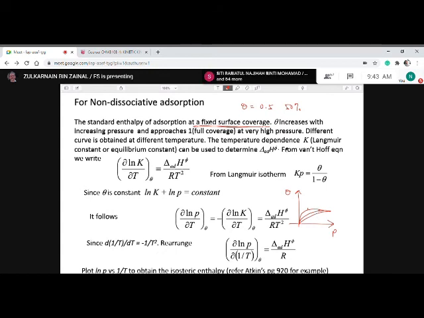Okay, so the temperature dependence of the K constant can be used to determine the value of delta H of adsorption. So you can use the Van't Hoff equation. I'm not sure whether you have gone through the Van't Hoff equation. Probably if you have taken 3101, you have been introduced to the Van't Hoff equation, right?